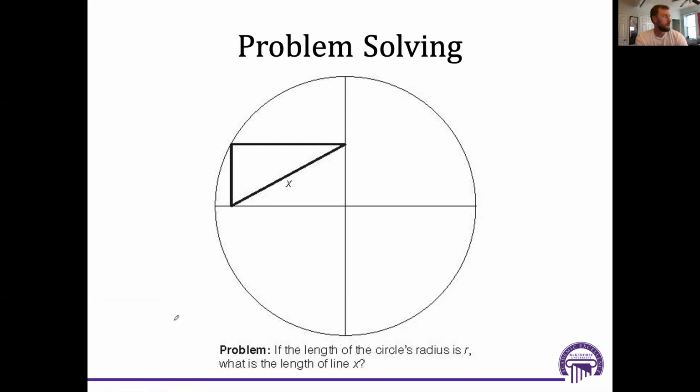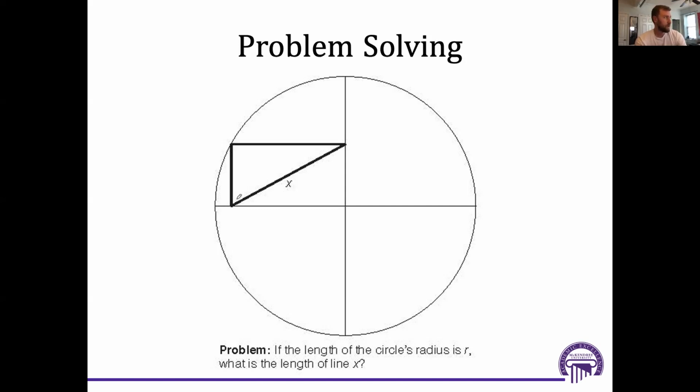So hopefully you arrived at the correct solution. This required a little bit of creative thinking on your part if you did get this correct. The correct answer here is that x is equal to the length of the radius. Here's a way in which you can solve this problem.